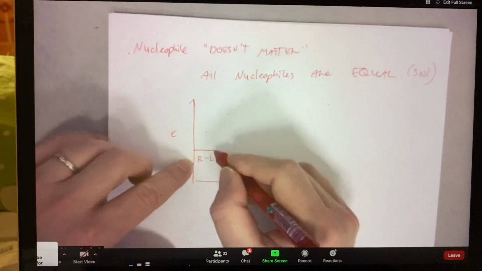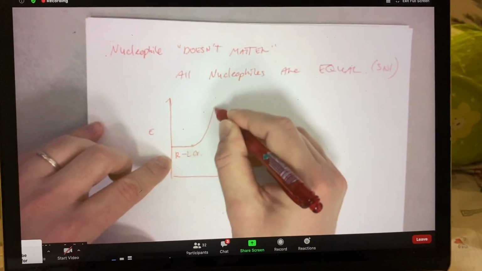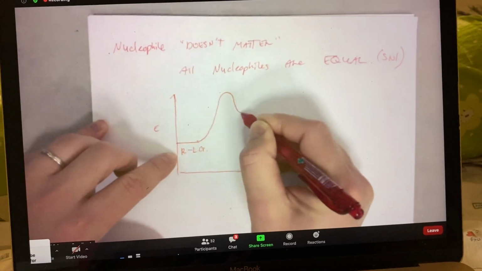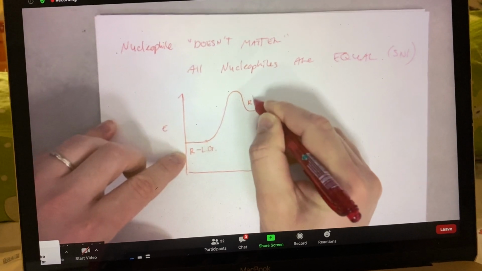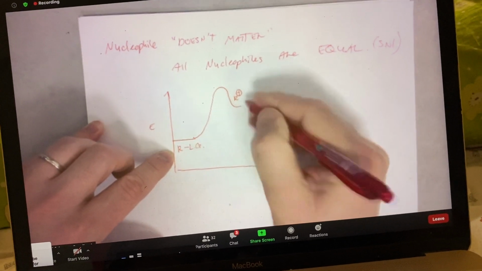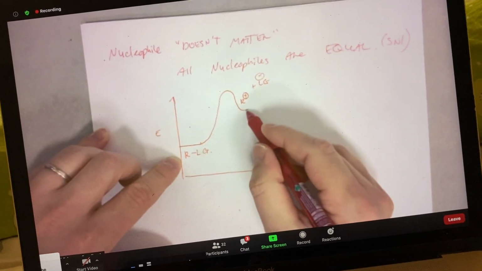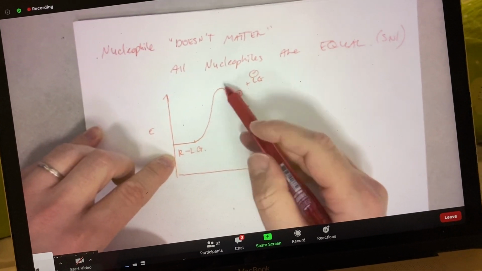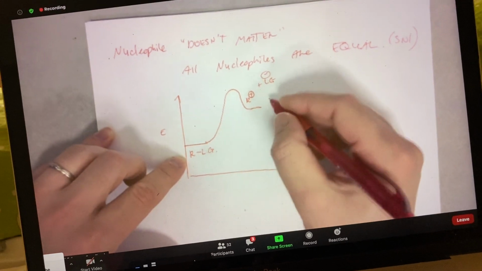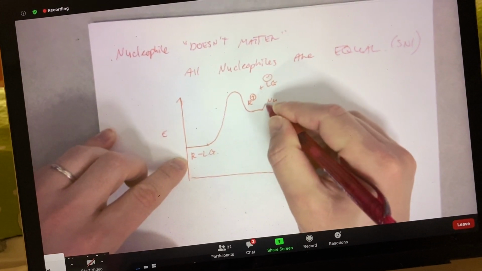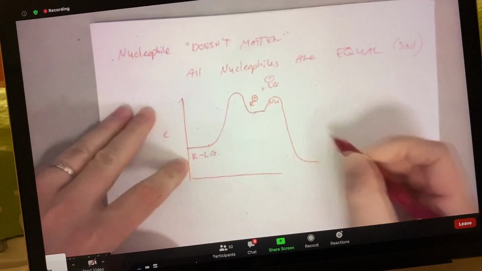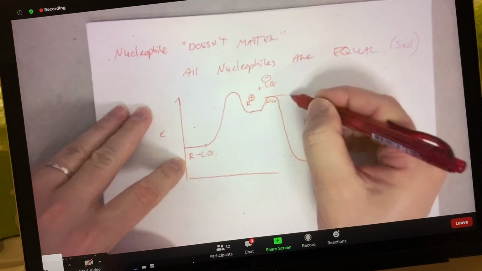The leaving group leaves first, and we end up with a carbocation here, plus the leaving group, which is usually negatively charged. This is a very high energy process. When the nucleophile comes in, it's a very lower energy process.